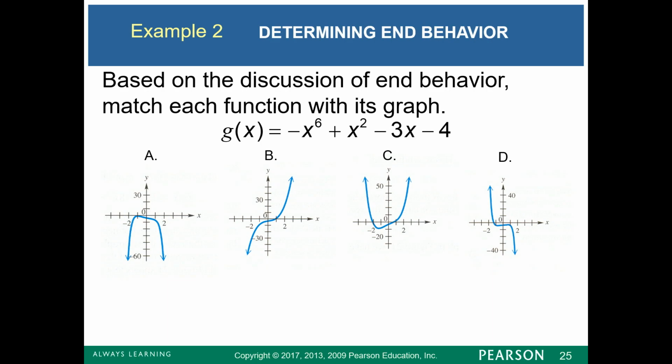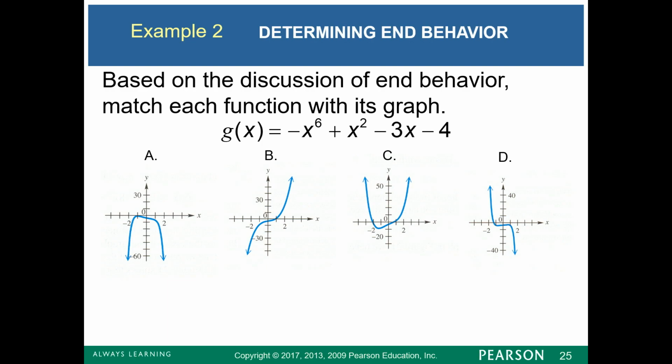So look here. What is the dominating term? Negative x to the power 6. Yes, negative x to the power 6. What is the value of n? 6. Is this even or odd? Even, right? And what is the value of A? Negative. A is negative, right? n is even, right? So what will happen?